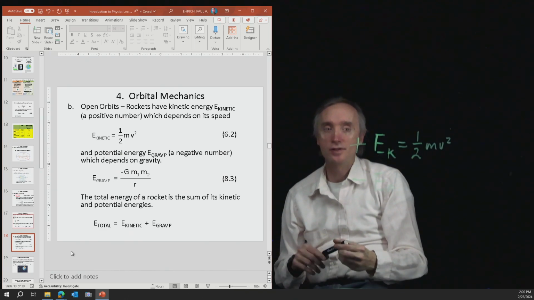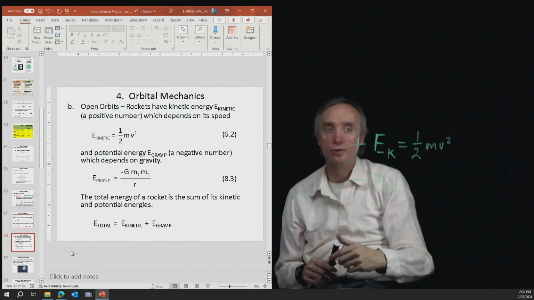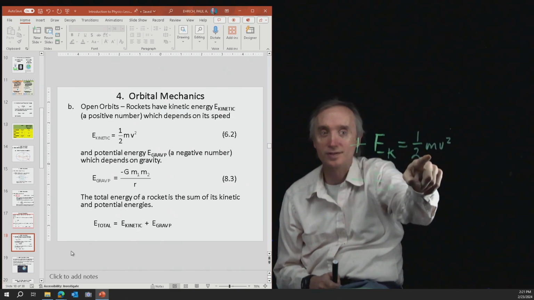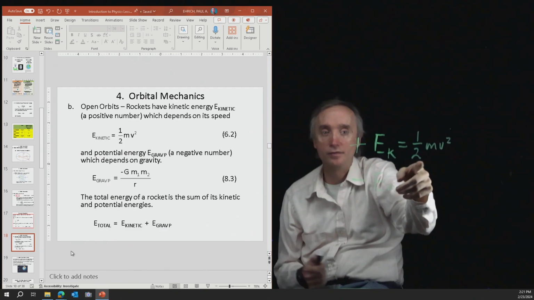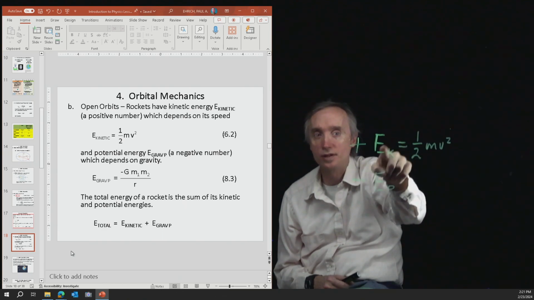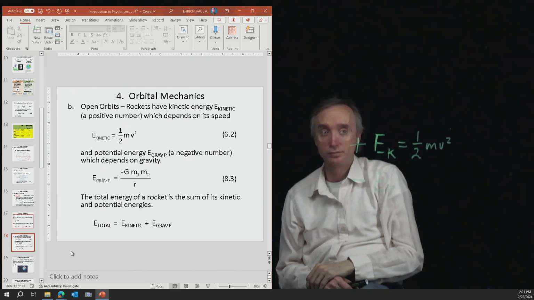Can you see that if this number is, let's say, 7, and this one is a negative 5, when you add the two numbers together, you get a positive number?